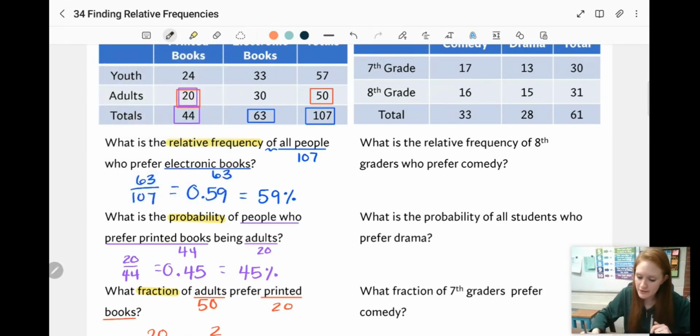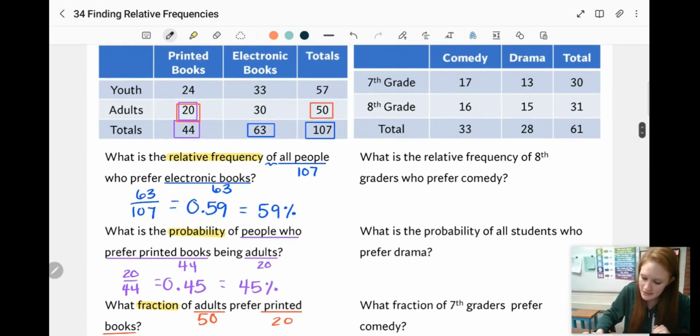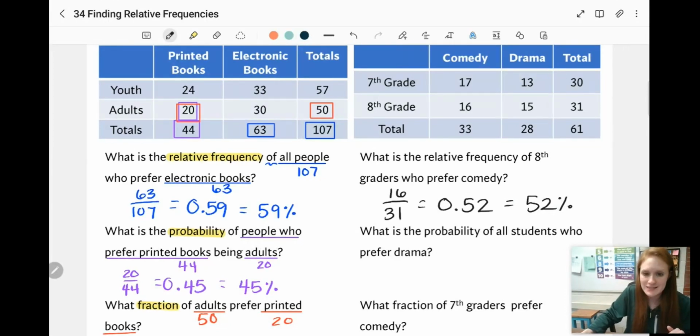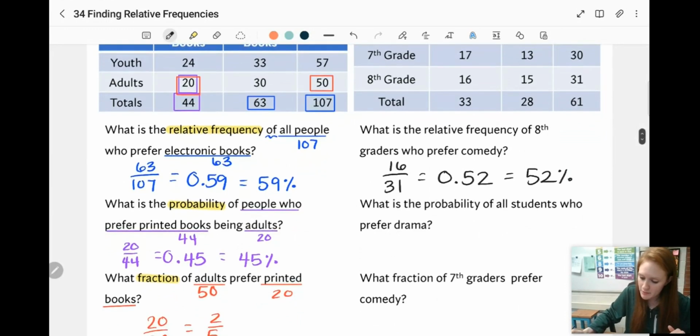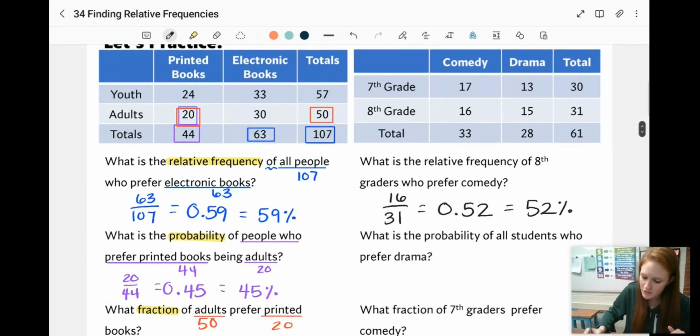Okay, so for relative frequency of 8th graders who prefer comedy, you should have had 16 over 31. And 16 divided by 31 would be 0.52, which would be 52%. Next one, what is the probability of all students who prefer drama?